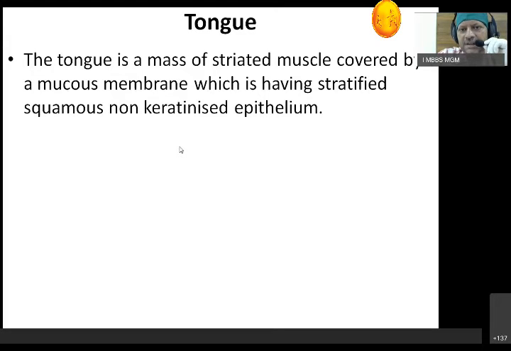It helps the tongue in chewing, deglutition, and when we talk, we move our tongue for articulation. So it is a striated muscle, very much under the control of Broca's area, that is area number 44, 45.